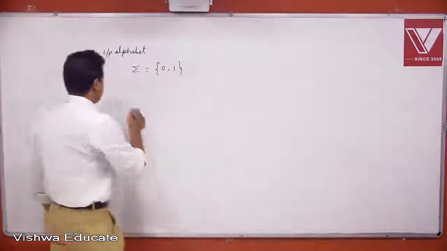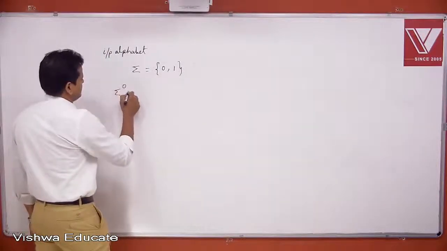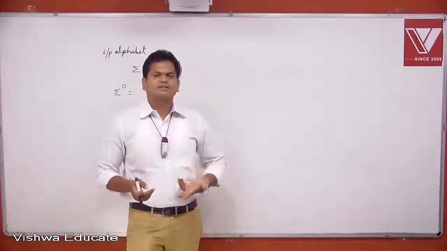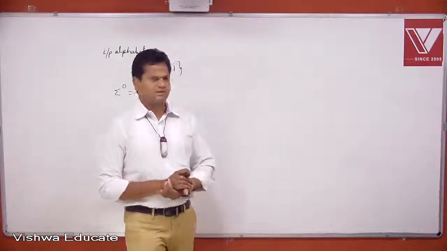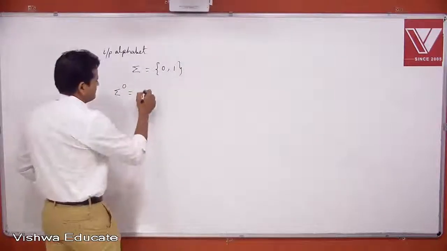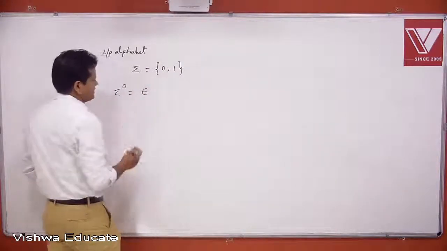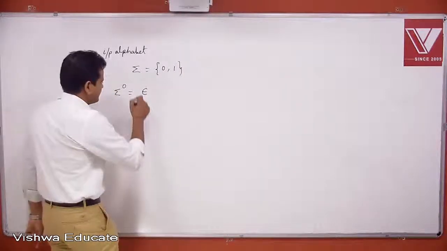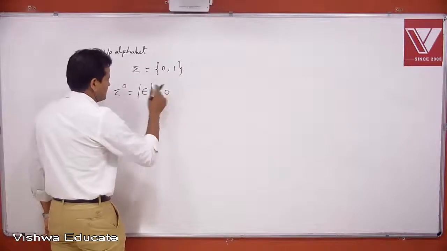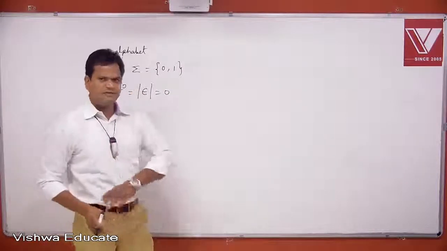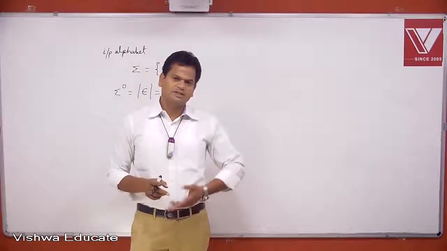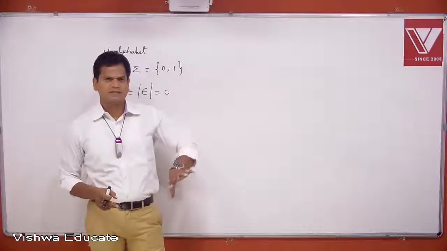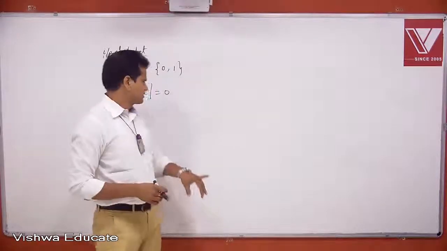Now what is sigma power 0? Sigma power 0 is the set of all strings over sigma of length 0. Here the string of length 0 is the empty string, that is epsilon. Epsilon is a string of length 0, and epsilon can be written over whatever input alphabet sigma you take, whether 0, 1, or a, b, c, d, or plus, minus.